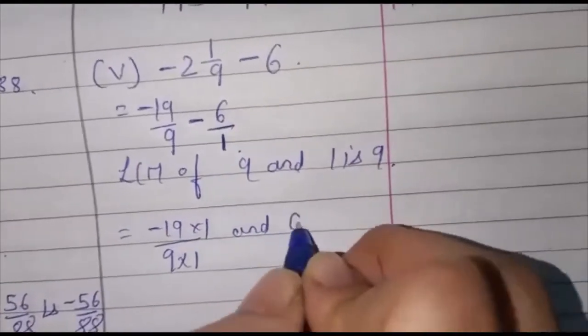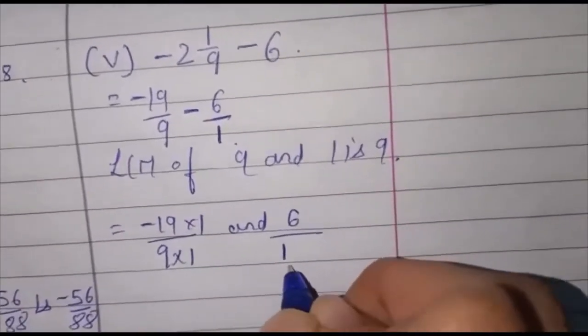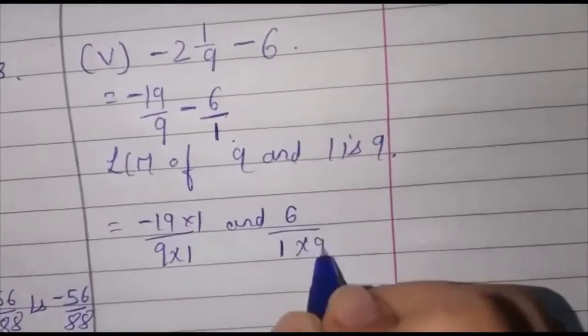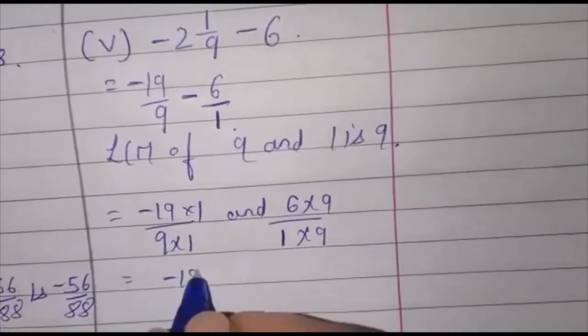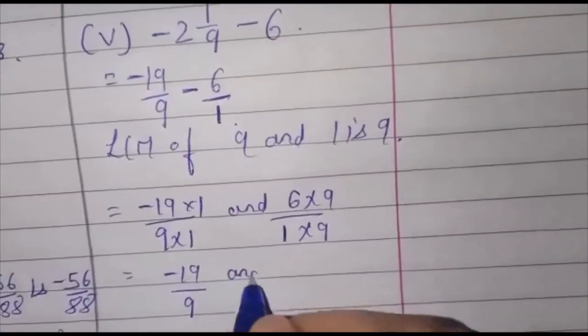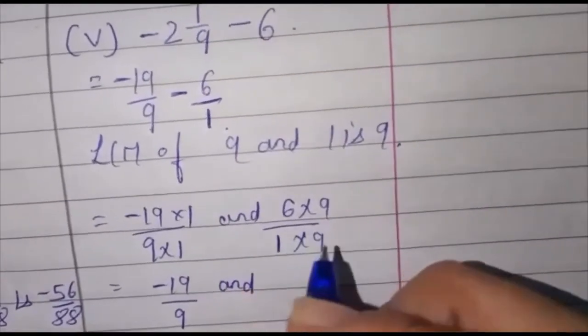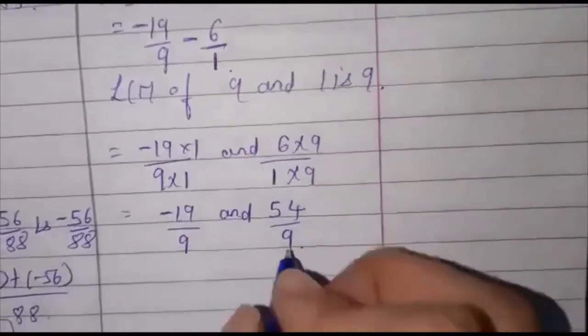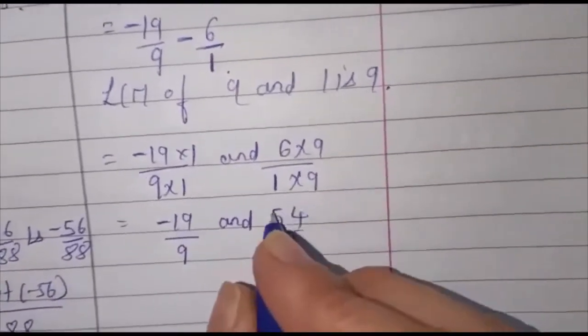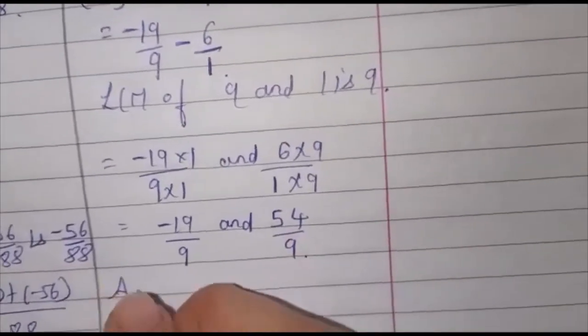And with 6. Now 1 with which number we will multiply to make it 9? With 9. And 6 also with 9. So 19 ones are minus 19 and 9. Then here 6 9s are 54. 54 upon 9. But now we have to make additive inverse of this 54 upon 9.